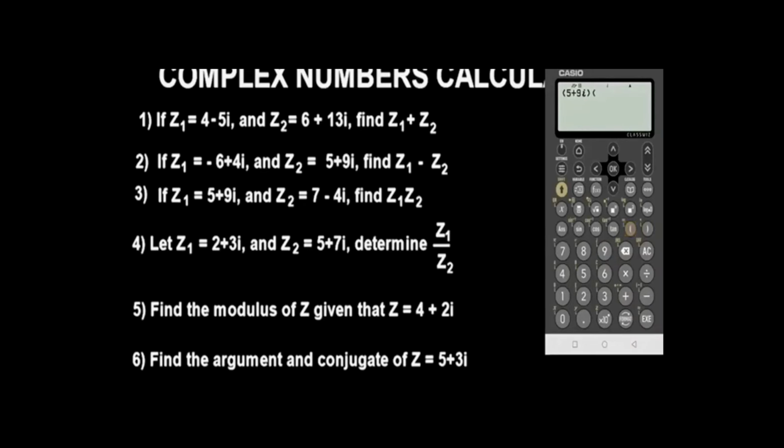This is multiplication. We have 7 minus 4i, shift and this button, close the bracket. So that's what we have there, guys. Let's press the execute button now to get the output. We have 71 plus 43i.